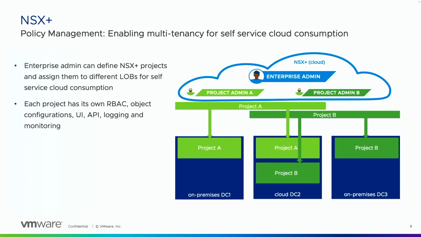And with NSX Plus, the other interesting thing is this multi-tenancy construct can span multiple locations. So let's say you are building a hybrid cloud and your line of business needs some workloads running on multiple clouds. How do you still do tenancy? So we are launching true multi-cloud tenancy with this project object here, which is pretty cool and only available with NSX Plus.